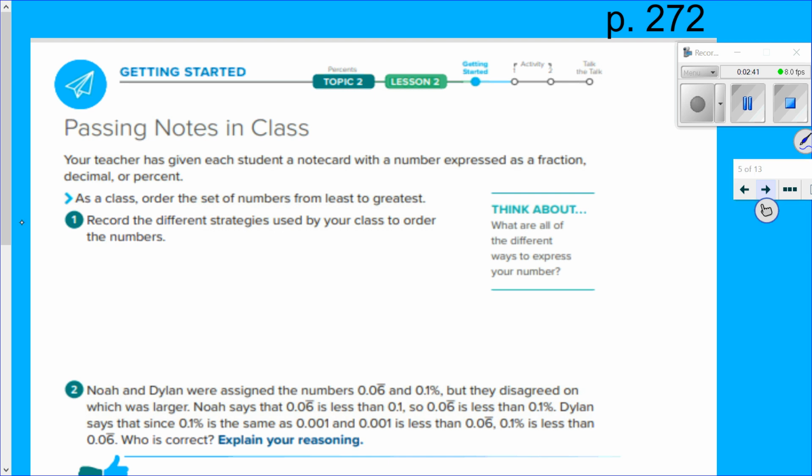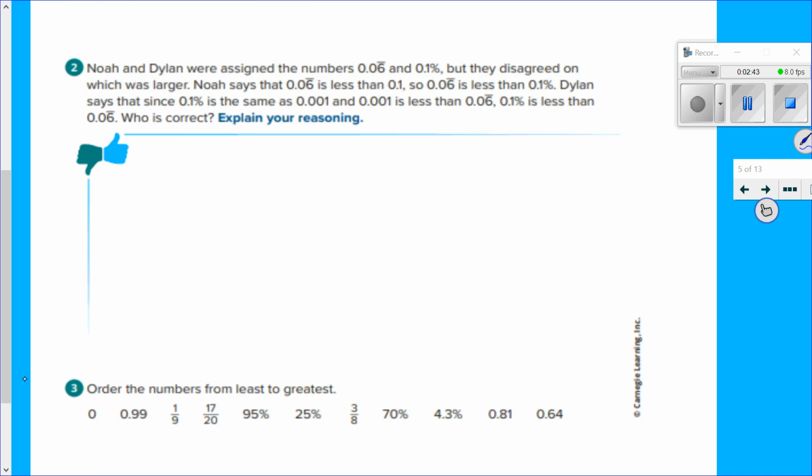Okay, we didn't do number 1, so we're gonna go down to number 2. Noah and Dylan were assigned the numbers 600ths with repeating decimal and 1/10%, but they disagreed on which was larger. Noah says that 600ths repeating is less than 1/10, so 600ths repeating is less than 1/10%.